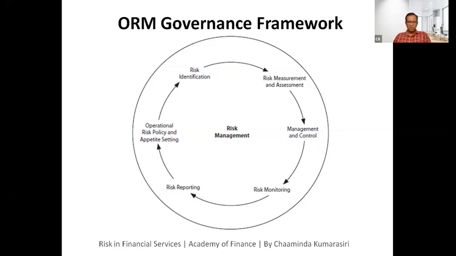Because you start with that, and with the learning you have gained throughout the process, then you feed that to the next cycle of the risk management by improving your policy framework. Then the next cycle, starting from risk identification, is based on the improved policy framework, which was updated based on the findings or outcomes of the previous cycle.